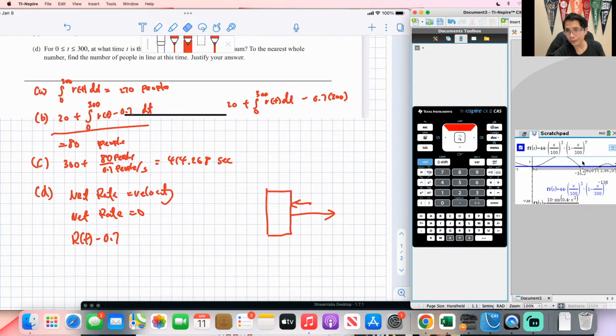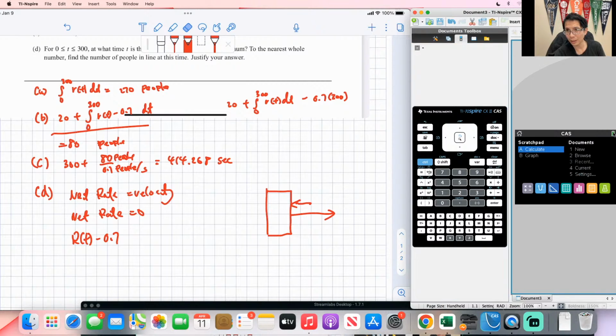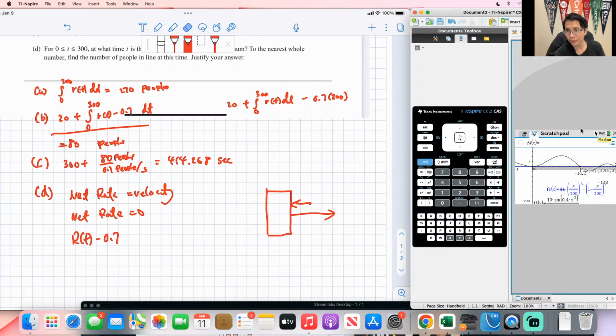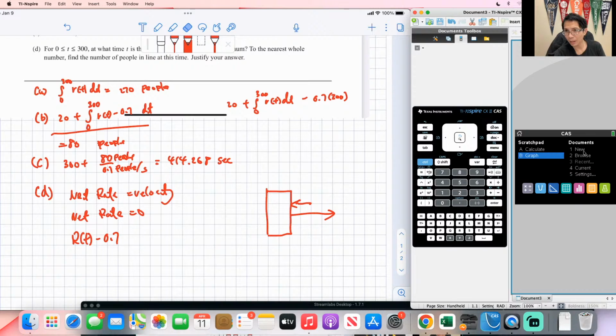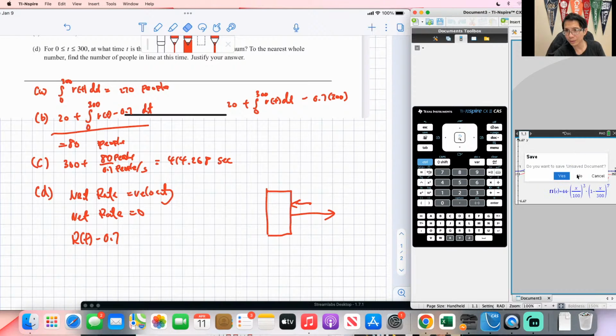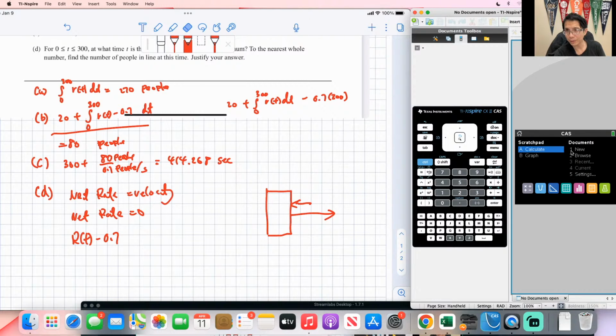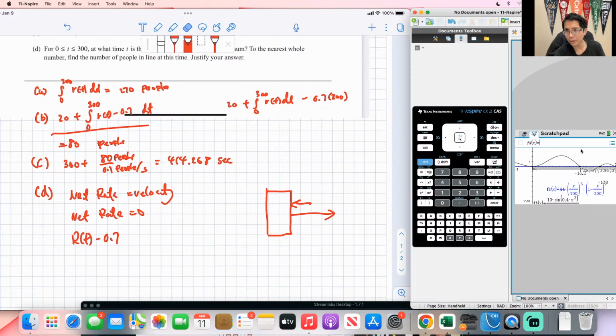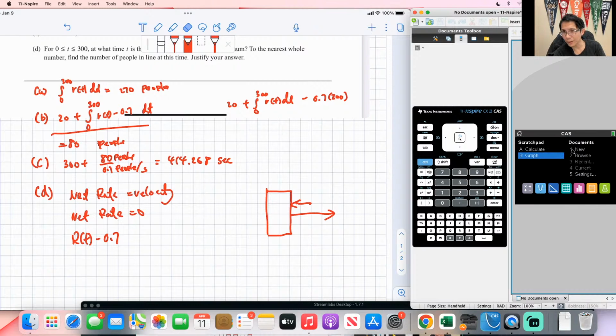So once I graph this, I don't know why this graph is this way. I'm just gonna get rid of that. I'm gonna do new graph. Sorry. Wait, how come I cannot get rid of this?